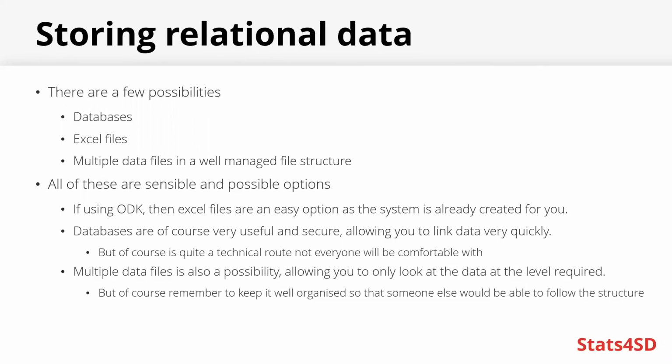If you're using ODK, it neatly generates this information for you. You may see, if you have used this, that the repeated group comes with a column called parent index, and that is your foreign key for that repeated group table, because it links back to an index number which will be present in the main survey table that it produces. So ODK already produces the keys required for a relational data system for you.